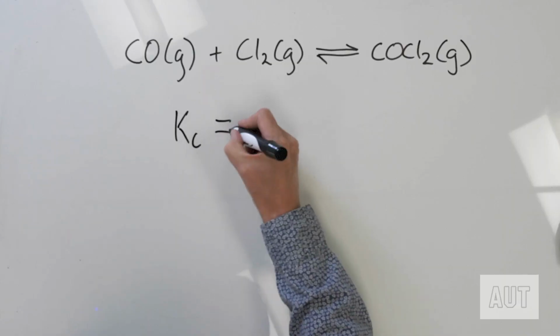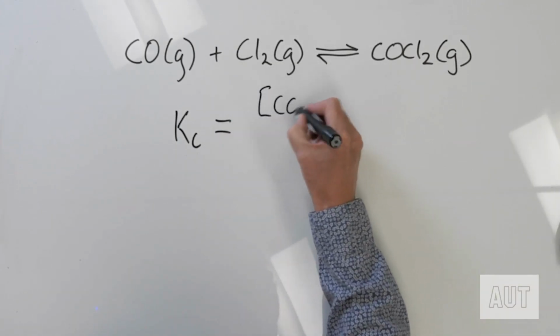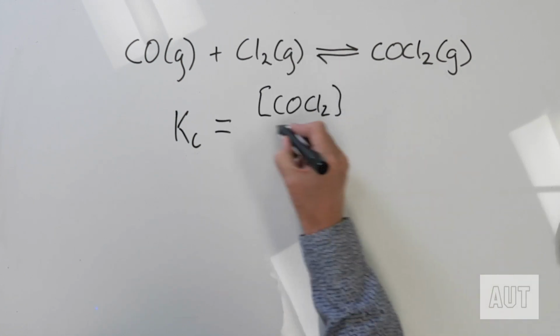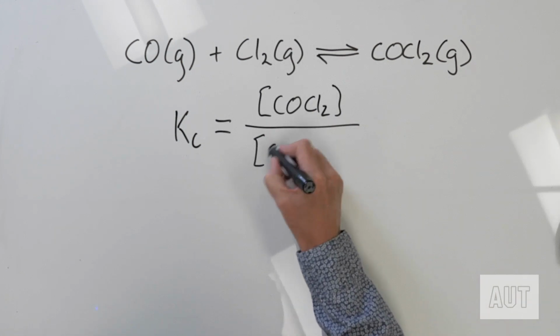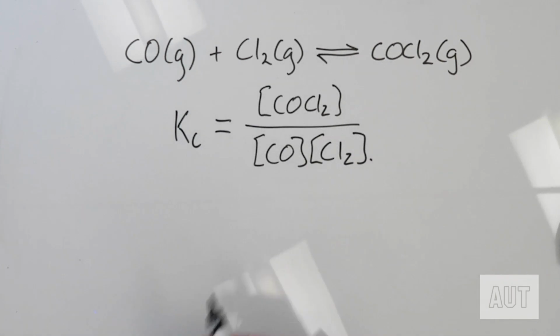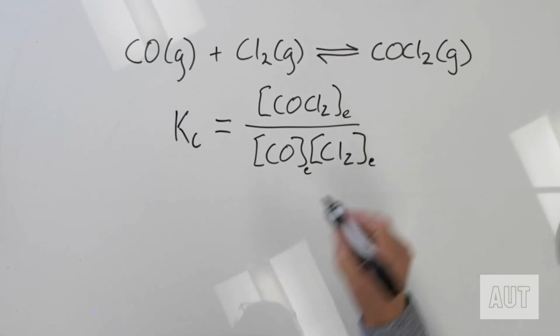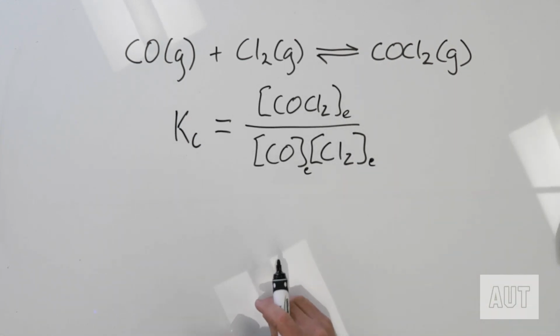So if we were going to write the equilibrium constant for this expression, Kc is going to be products divided by reactants. They're all in the gas phase, so we put them all in. So it's going to be the concentration of phosgene over the concentration of carbon monoxide times the concentration of chlorine. Now remember, we would normally put little e's there, e meaning equilibrium.